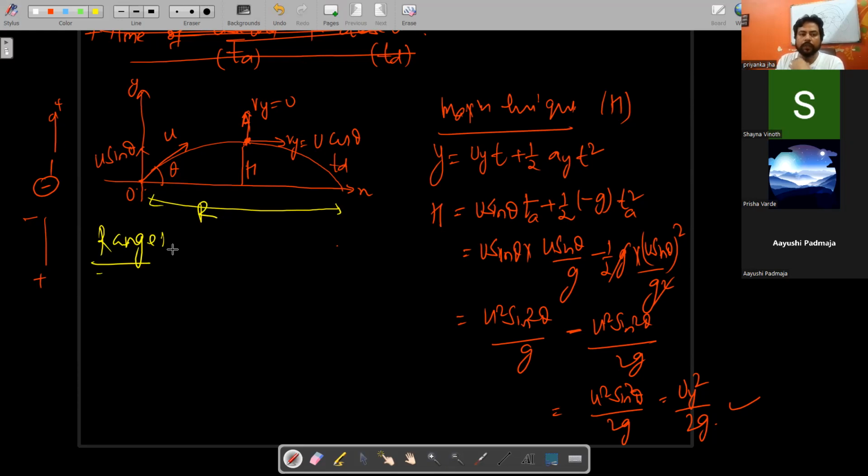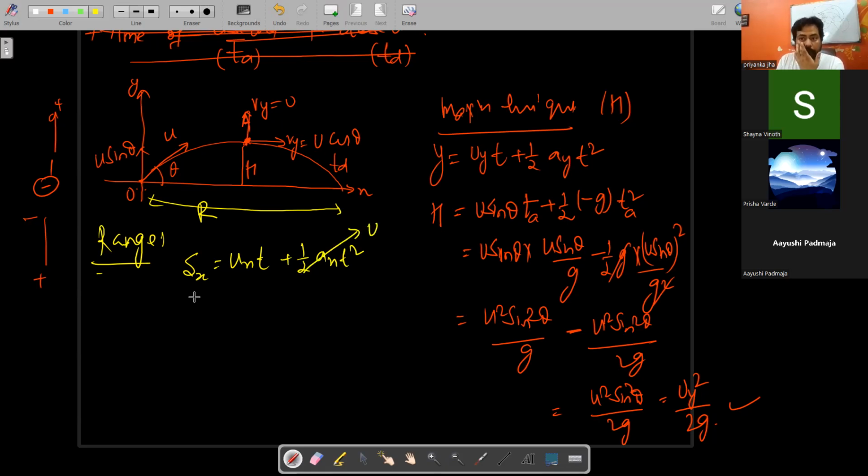So this range can be found out like this. There is no acceleration along x-axis, so you can apply this formula. Displacement along x-axis is ux into t plus half ax into t square. There is no acceleration along x-axis, so this will be 0.